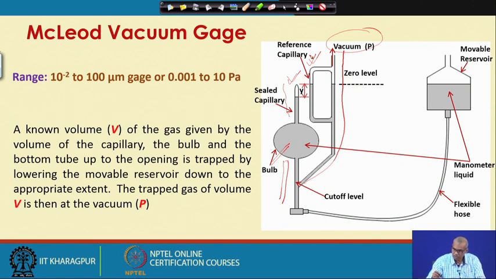Look at the construction. If there is a fluid such as mercury, a manometer liquid, inside, the level here and the level here will be the same. Now, this tube is connected to a movable reservoir of mercury or the manometer liquid by a flexible tube or flexible hose.